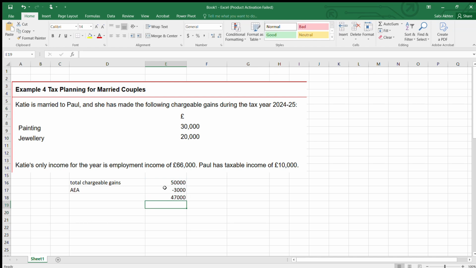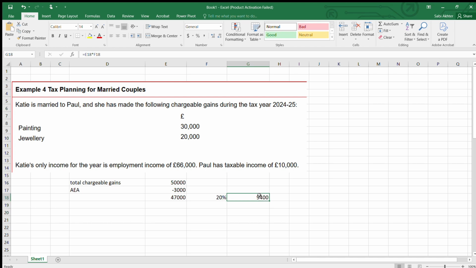So remember, looking at the employment income of Katie, 66,000, she's a higher rate taxpayer. So this is other income. They would have mentioned if it was residential. So the higher rate is 20% for other assets. Now multiply this. So your CGT is 9,400 if it was in Katie's hands, as a higher rate taxpayer.